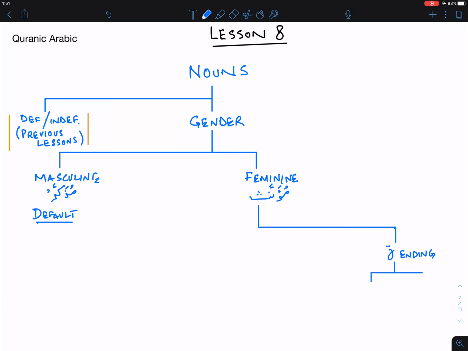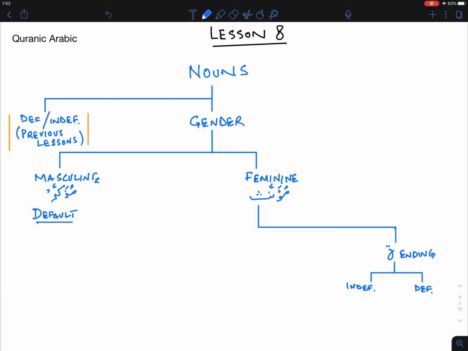Notice how the definite and the indefinite is still a relevant discussion. You can see that with nouns you have to learn all of the properties, and that's why our discussion is focused on that, because they come together at times. In this case, you will see the femininity and the definite and indefinite attributes come together.